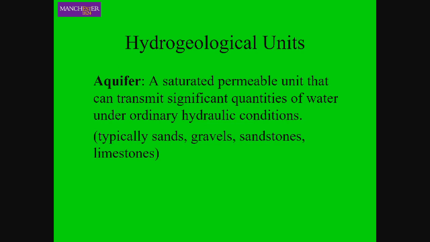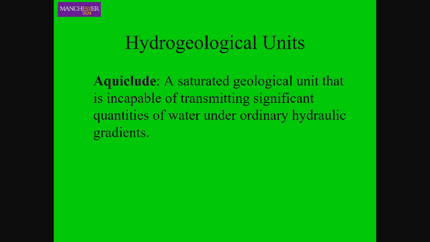For the practical that we're going to do this afternoon, we're going to present you with a map of the local geology around Manchester and Macclesfield, and one of the things we're going to ask you to do is, on the basis of what we think are good aquifers, where do you think the good aquifers are around Manchester?